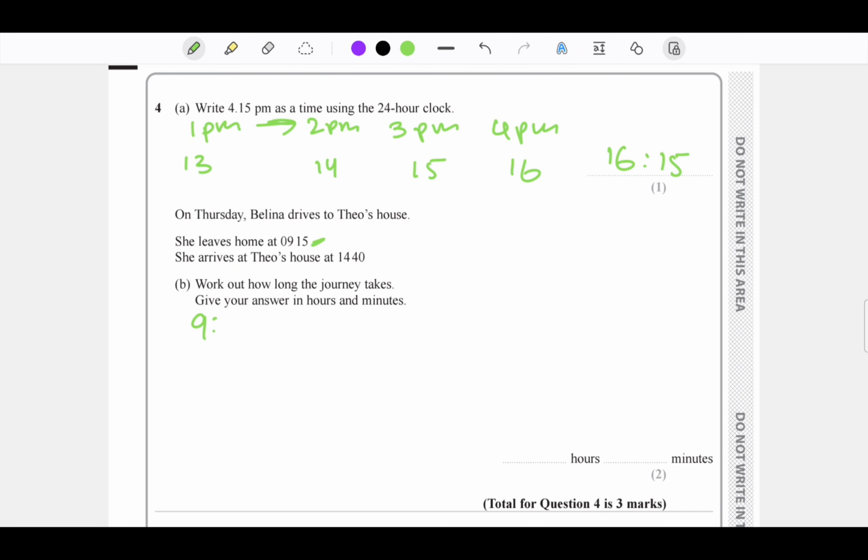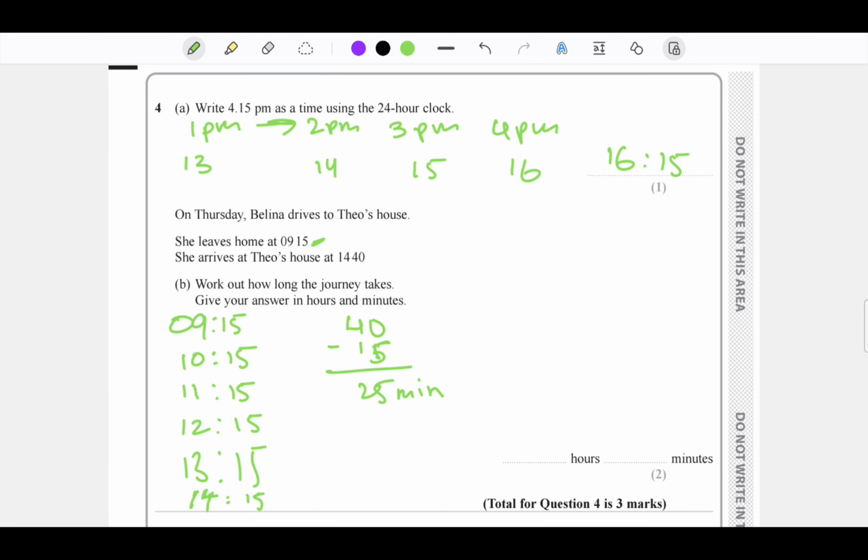Let's start at 9:15, 10:15, 11:15, 12:15, 13, which is 1:15, and 14, which is 2:15. And for the minutes, we're going to take 40 minutes minus 15 minutes. We're going to get our answer of 25 minutes. Here is 5 hours in total. Therefore, her journey was 5 hours and 25 minutes.